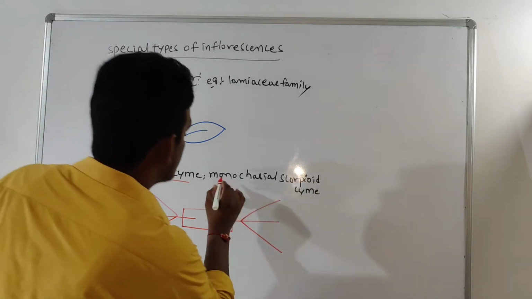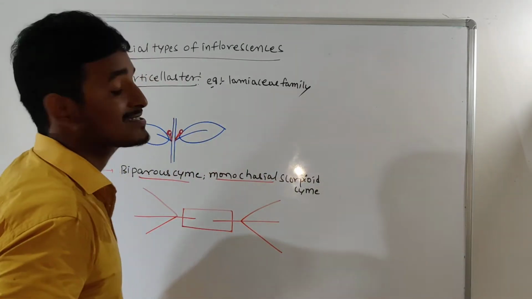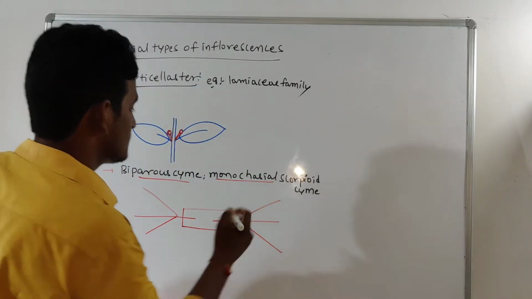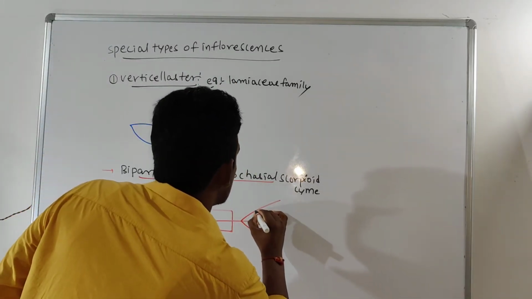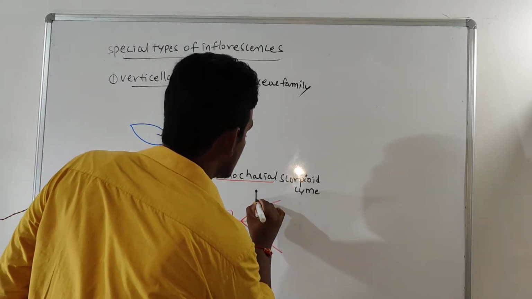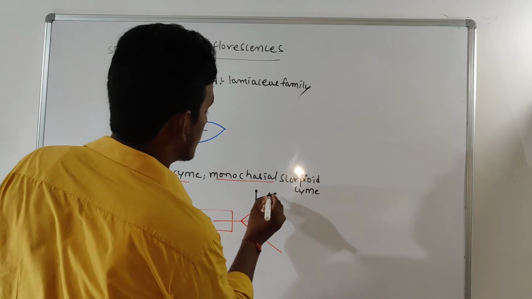Later it behaves like a monochasial scorpioid cyme. Monochasial means it produces a single branch, in a scorpioid manner.